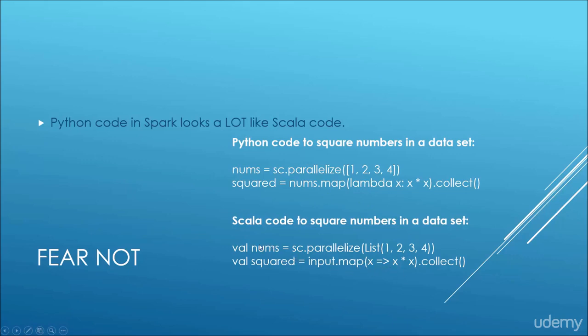But besides having to qualify some of our variables as being vals in Scala, where they're just untyped in Python, the code looks very, very similar in most cases. In fact, these two bits of code do exactly the same thing, and you can see the code looks extremely similar to each other. So even if you learn Spark using Python, it's not going to be hard to transfer that knowledge to Scala if you need to later on.